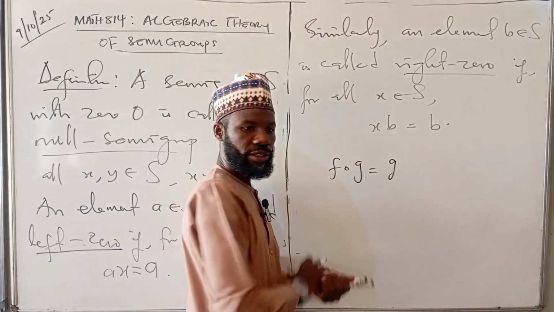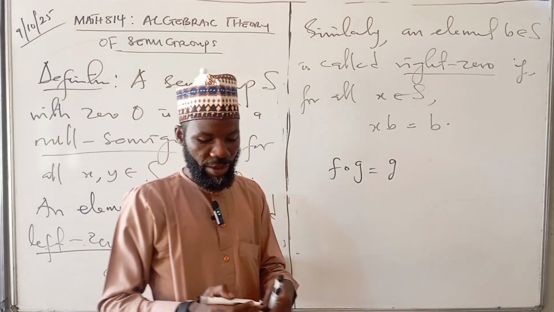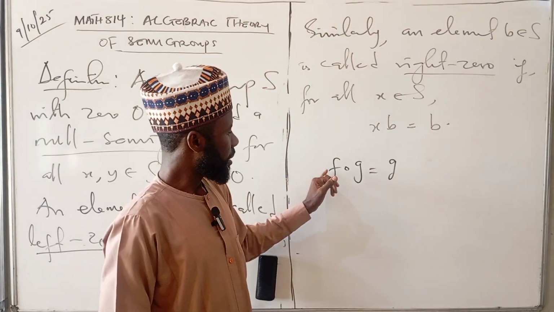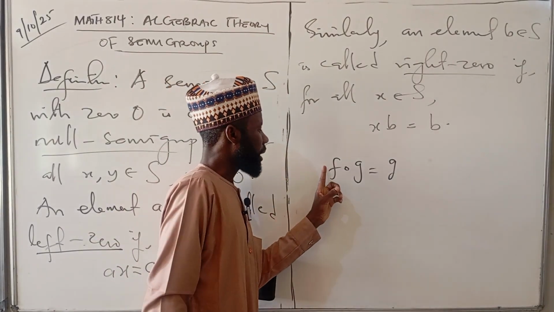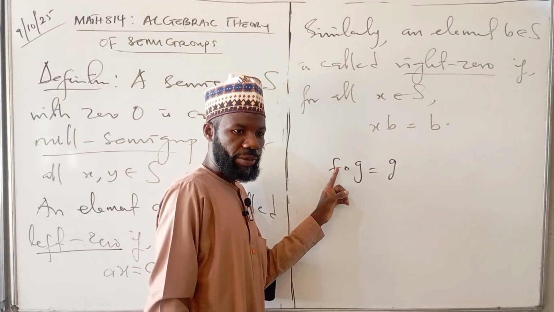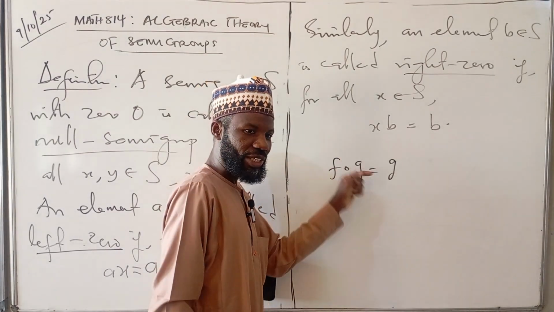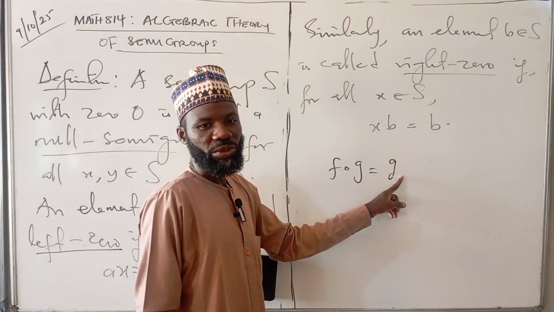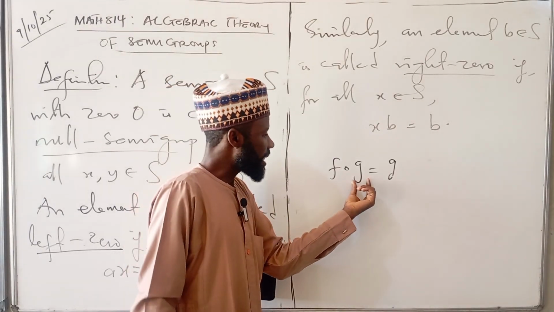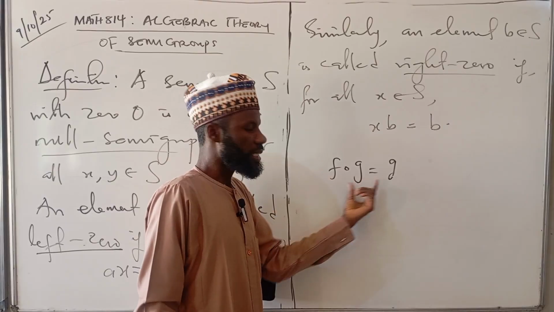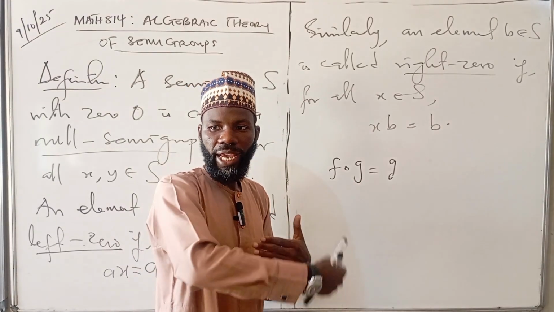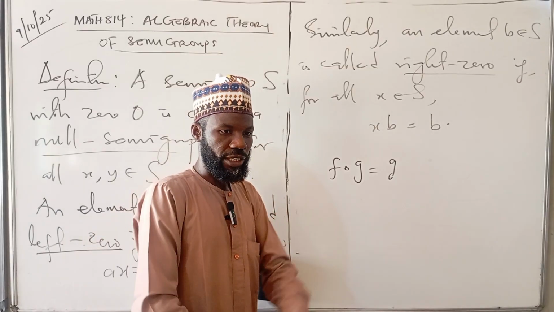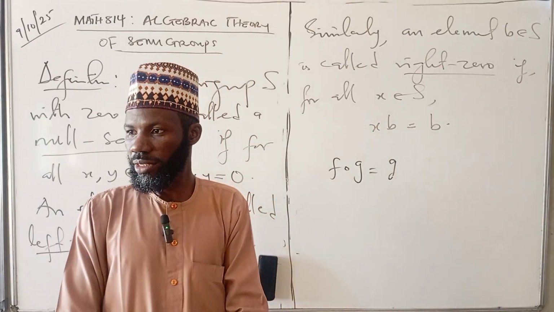You will always get G. So anytime you compose with a constant mapping from the right, if F acts on the element, G will always map it to the constant, the image, and you always get G. So every constant mapping is a right identity, if you are inside the semigroup of mappings.